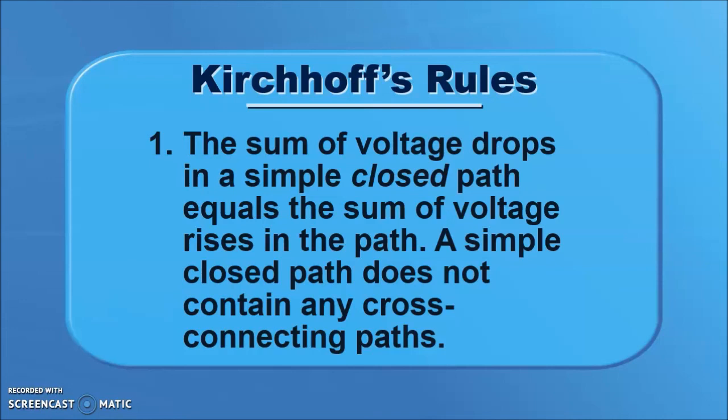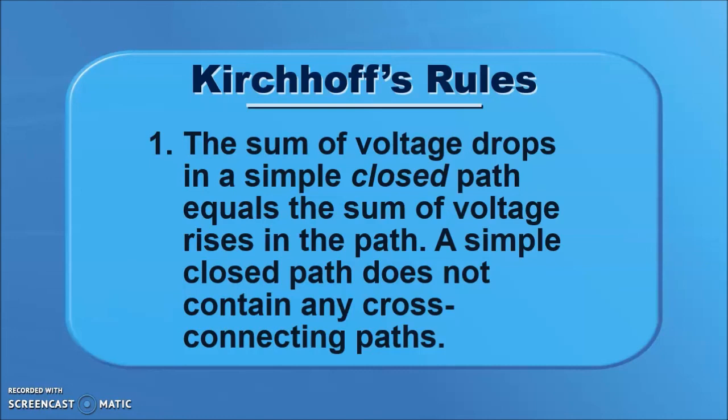So the rules for current and potential difference in series and parallel circuits can be summed up by two general rules called Kirchhoff's rules. Number one, the sum of voltage drops in a simple closed path equals the sum of voltage rises in the path. A simple closed path does not contain any cross-connecting paths.